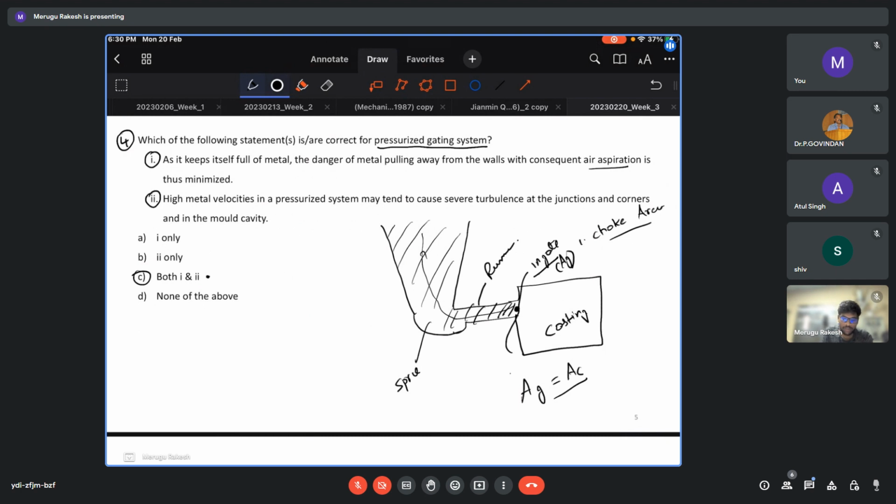And since we are pushing this metal with very high velocity and very high pressure, there is severe turbulence, and there is a chance that the corners and mold cavity will get eroded. So the first and second options are true. This is the case of pressurized.